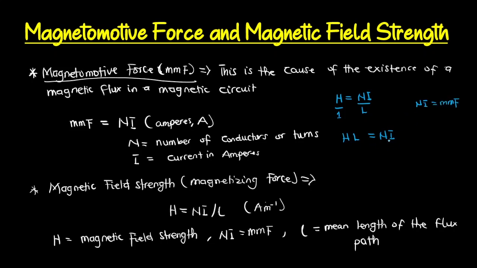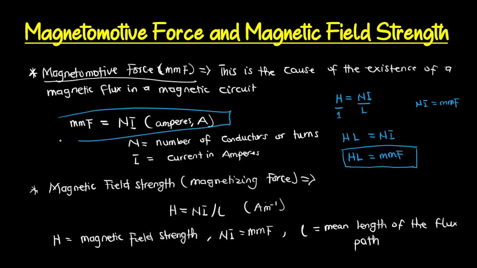In place of Ni, I'll use mmf. So HL is equal to mmf, which basically means that my magnetomotive force is equal to the product of my magnetic field strength multiplied by the mean length of the magnetic flux. That is another formula for finding magnetomotive force. So it's either HL or Ni.